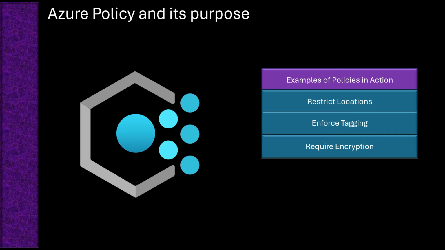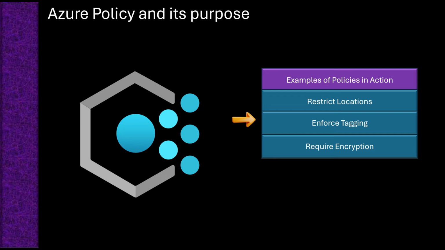Some examples of Azure policies are restricting locations, enforcing tagging, and requiring encryption. For restricting location, there is an Azure policy called resources can only be deployed in the specific region. And by using that particular policy, you can ensure compliance with data residency requirements.